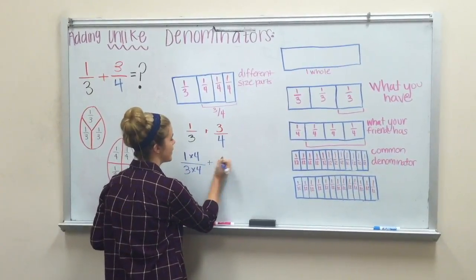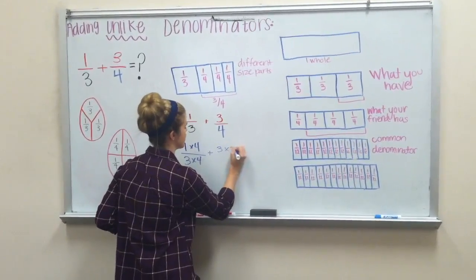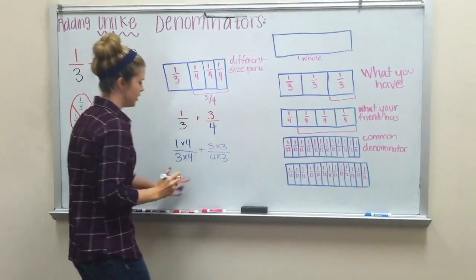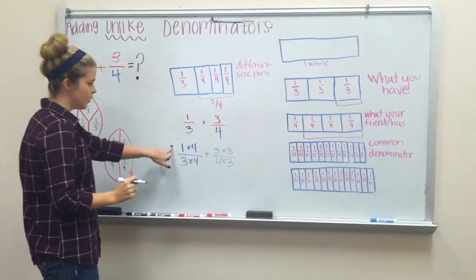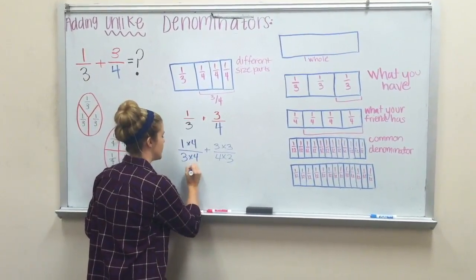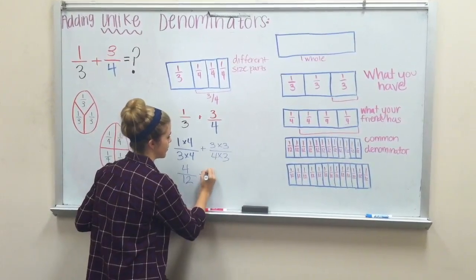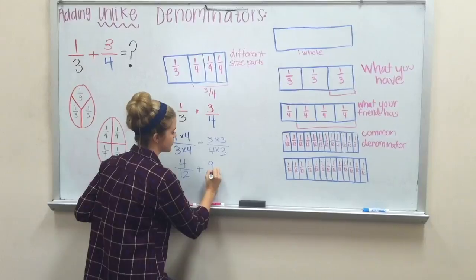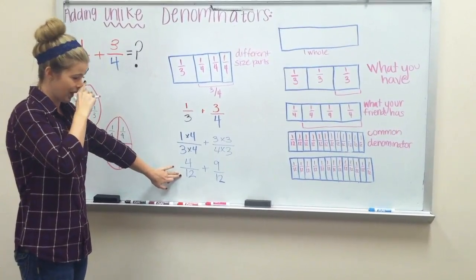So we're going to add, and then we're going to do 3 times 3 over 4 times 3. 1 times 4 is 4. 3 times 4 is 12. And then we add 3 times 3 is 9 over 4 times 3 is 12. Now we have a common denominator.